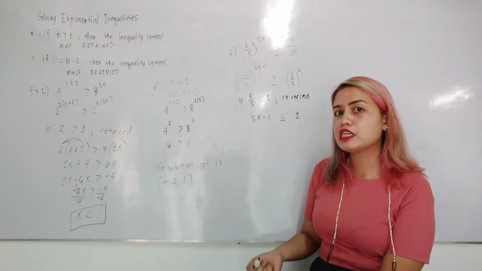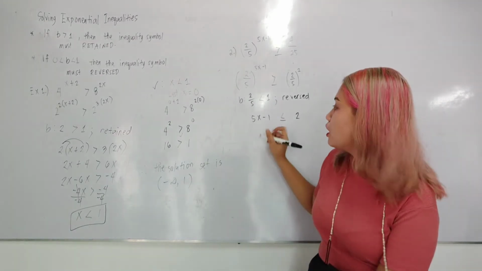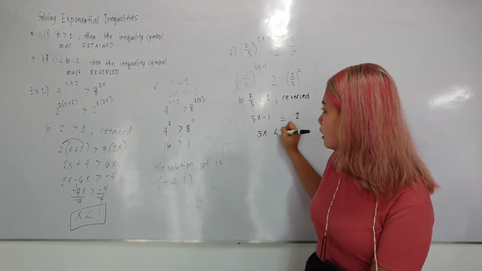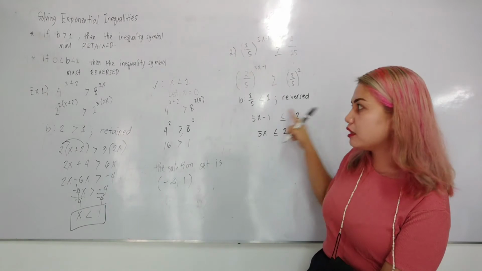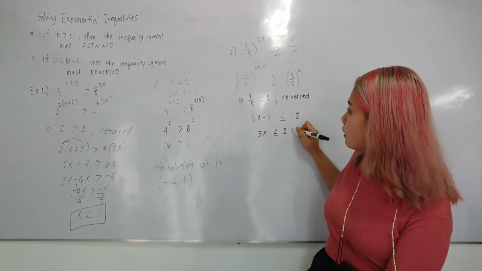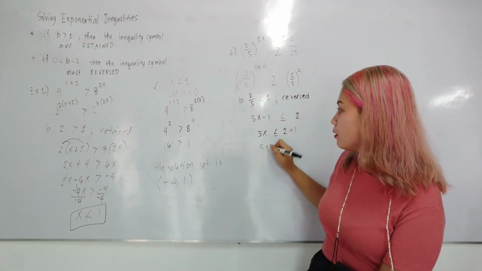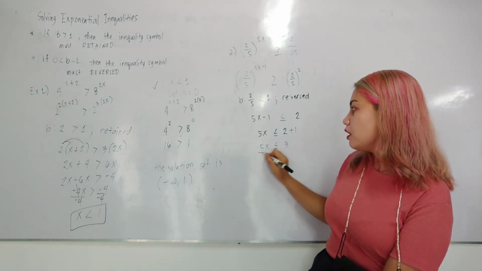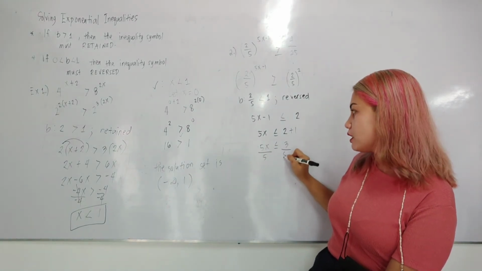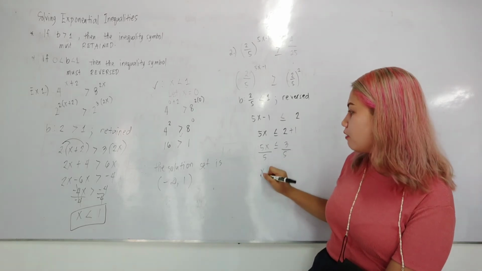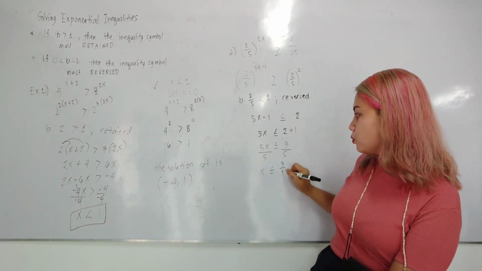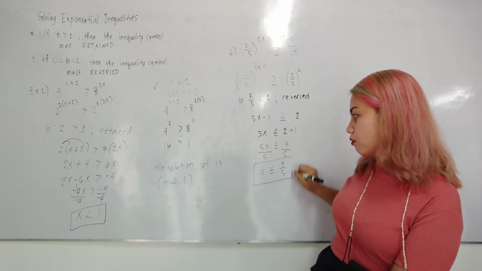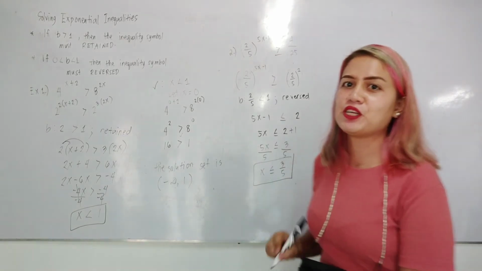The same process, you combine all like terms, remain the 5x here, less than 2, the negative 1, you will transfer it, will become positive 1. So 5x less than or equal to 2 plus 1 is 3. Dividing both sides by 5, then you'll have x less than or equal to 3 over 5. Do you have any questions?